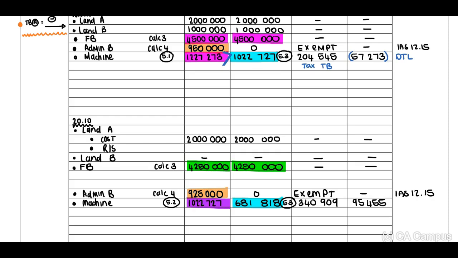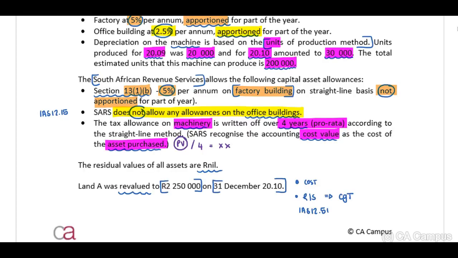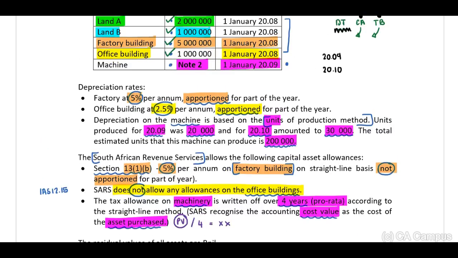The carrying amount of the asset exceeds the tax base. Therefore, this is a taxable temporary difference, and this is a deferred tax liability. We have completed our machine, and we can now refer back to our given information, and we can tick off our machine. Note 2.